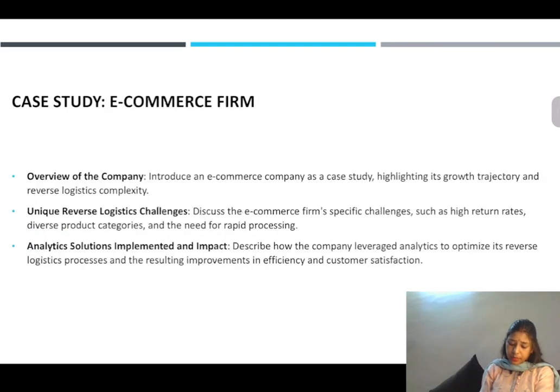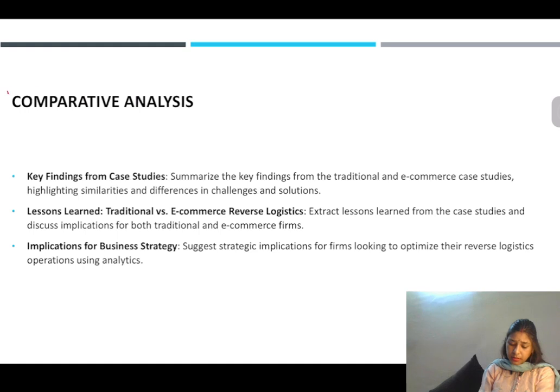If we compare the traditional and e-commerce, we can summarize that there are some issues that the traditional companies are facing in regard to reverse logistics, in regard to the location of the reverse return centers and the distribution plan, and there are some strategic issues with the e-commerce companies as well.